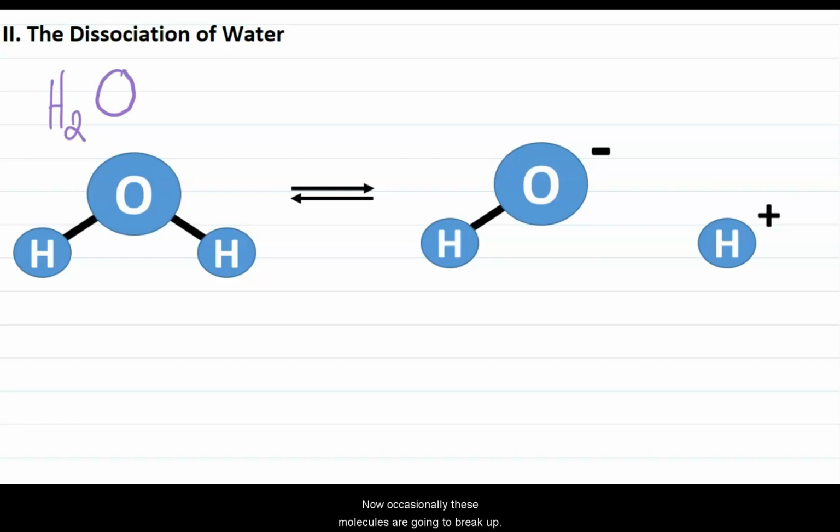Now, occasionally, these molecules are going to break apart. One of those covalent bonds will break. And when that happens, we end up with one hydroxyl ion, or OH negative. And then we also end up with one hydrogen ion, or H plus.